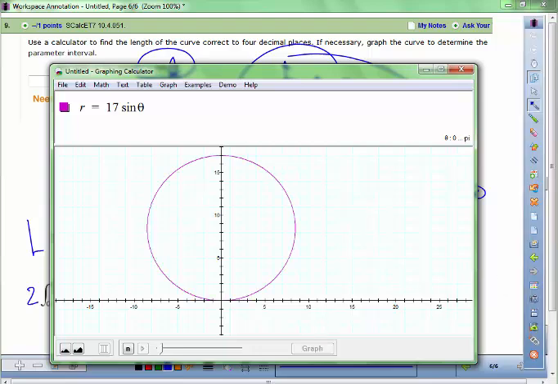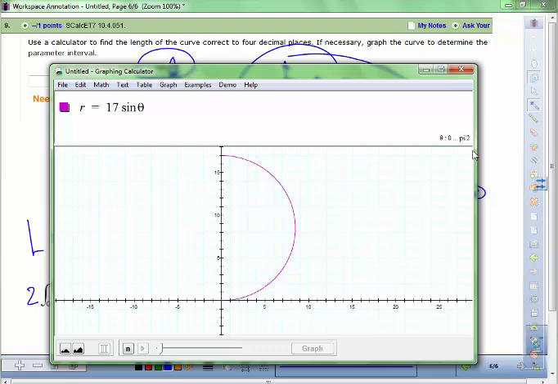I see the same picture. So this graph is going to be drawing that circle twice if you go from 0 to 2 pi. So if I go from 0 to pi over 2, I only get half of that circle.